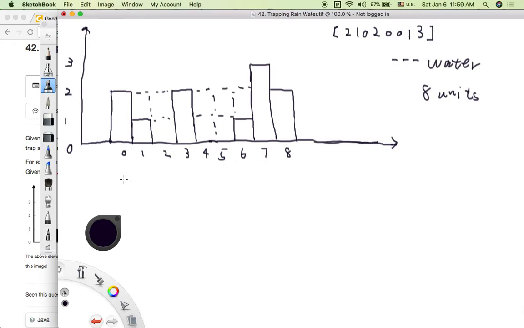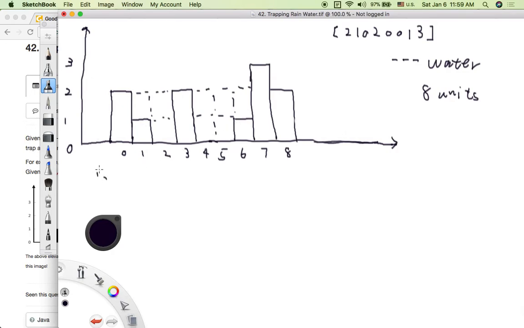So we need to change our idea, from the macro perspective of looking at this whole group of bars together to the micro perspective of looking at each individual bar, seeing how much water each individual bar can hold, and then summing up the water to get the total amount.